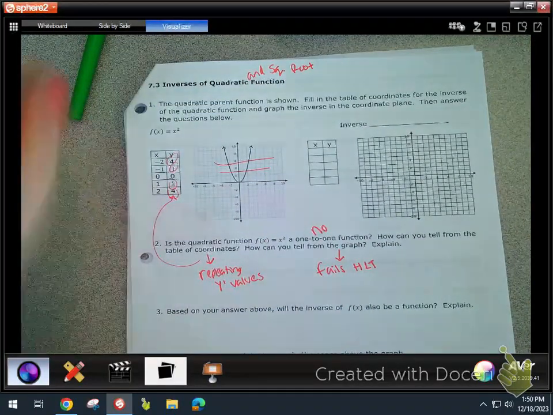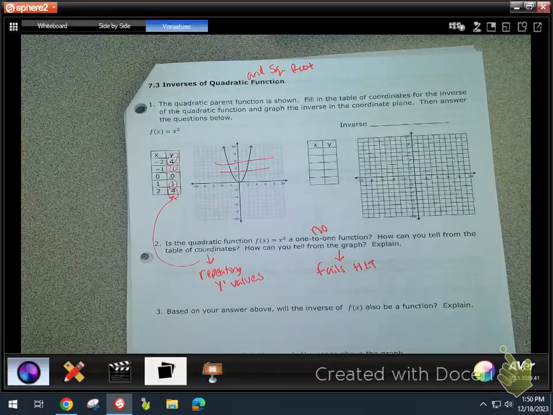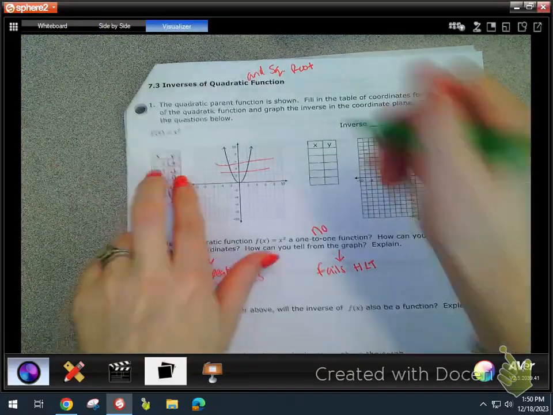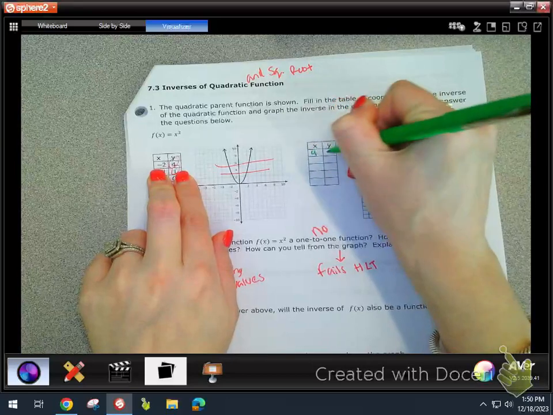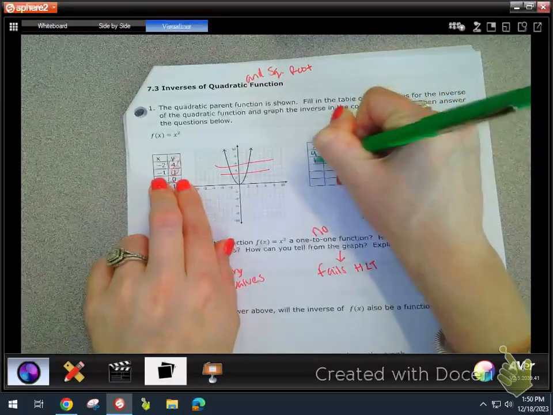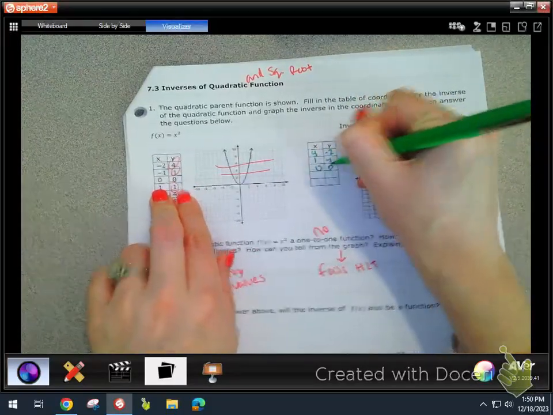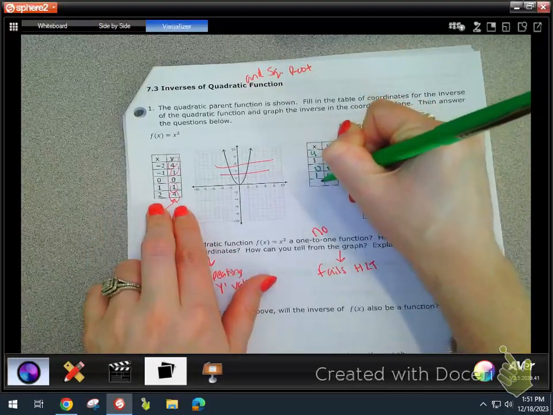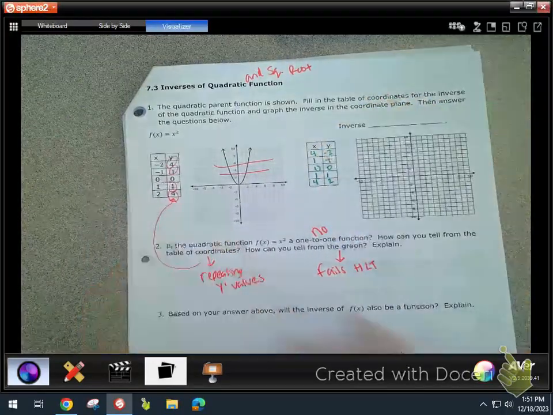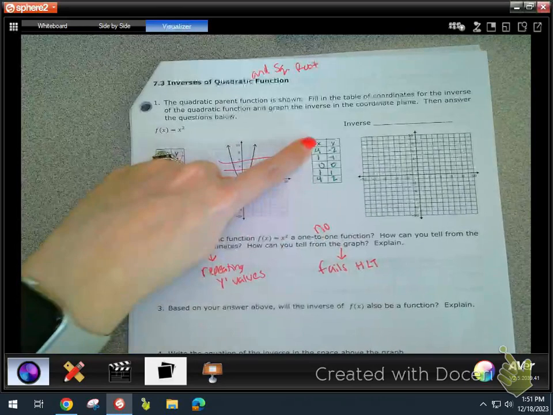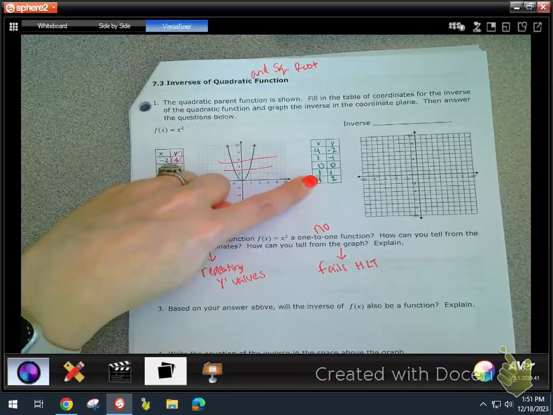And what happens when we find an inverse, remember an inverse is you just switch your x's and your y's. So if I take each point here and I switch them over, I now have something that is not a function. Y is what I'm writing over here in green, not a function. What do I have now? Repeating what?